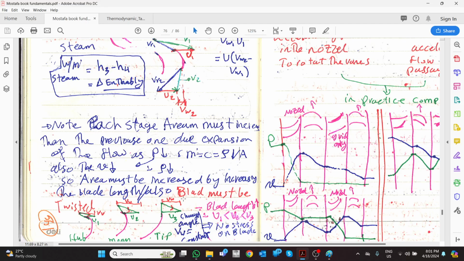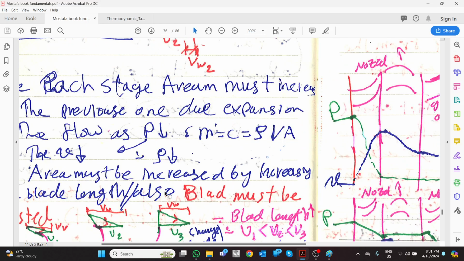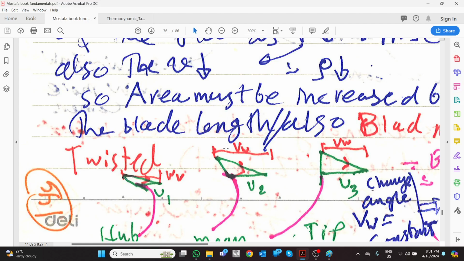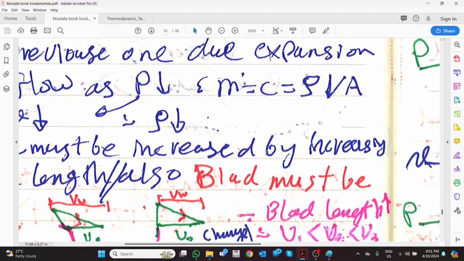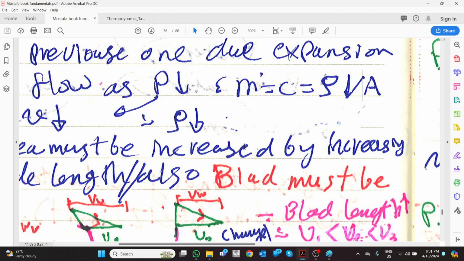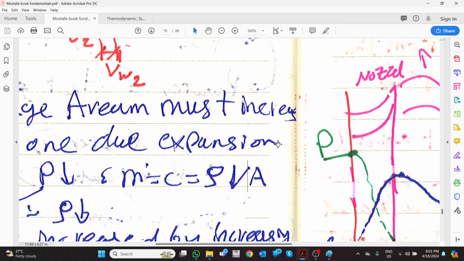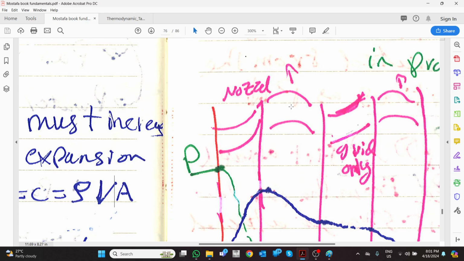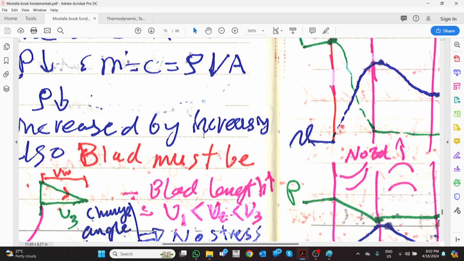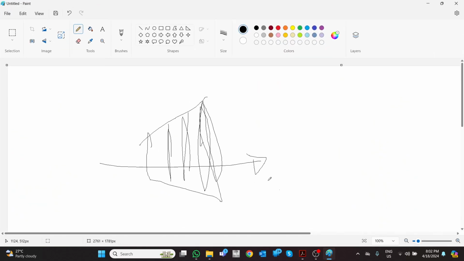Okay, but also take into account the blade length. To make the area increase, you need to make the blade length more, which means this one needs to be more. Imagine this one is rotating like this, so there are plates like this coming from here, which the nozzle hits, then it rotates.